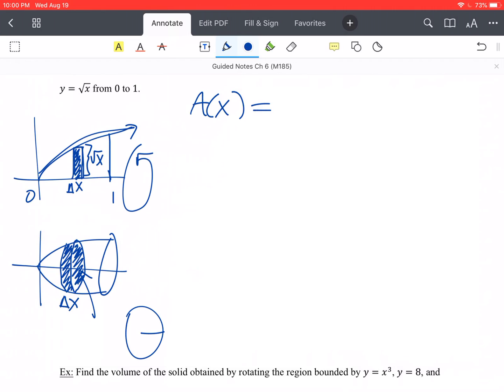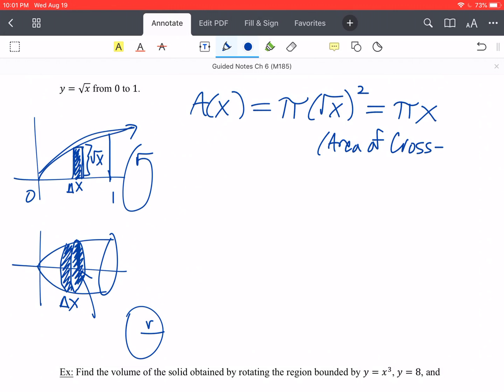In this case, r is going to be this height, which we said is the square root of x. So pi r squared, so pi times the square root of x squared, or just pi times x. Okay, so this is the area of the cross section.